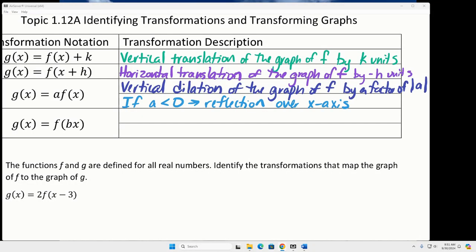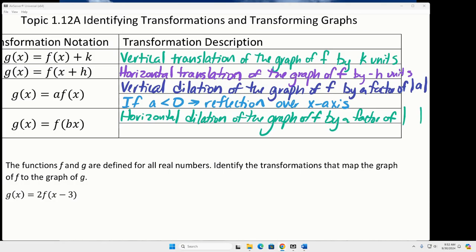Okay, so now we're multiplying on the inside. When it's on the inside, it's going to be a horizontal change. So this is going to be a horizontal dilation of the graph of F by a factor of, what do y'all think?